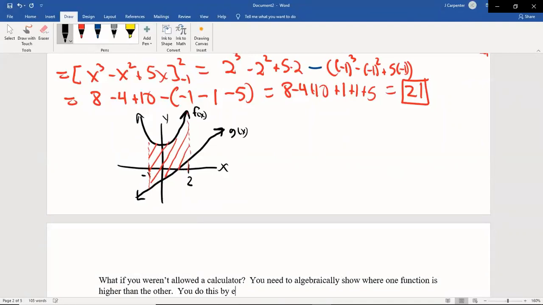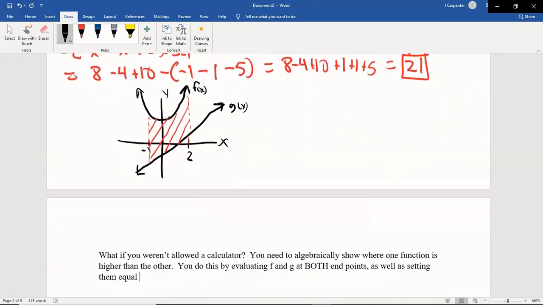Do this by evaluating f of x and g of x at both endpoints, as well as setting them equal to each other after you do all that first part to see if they ever cross.